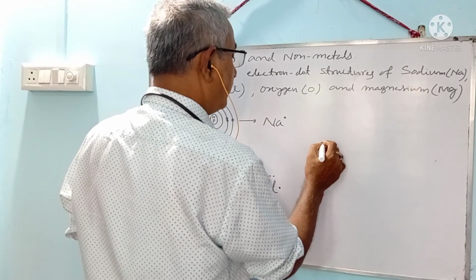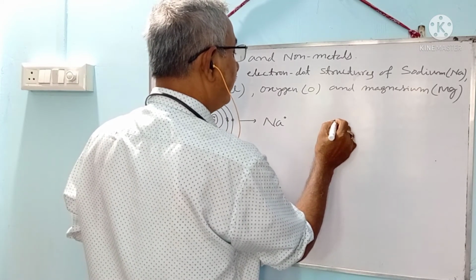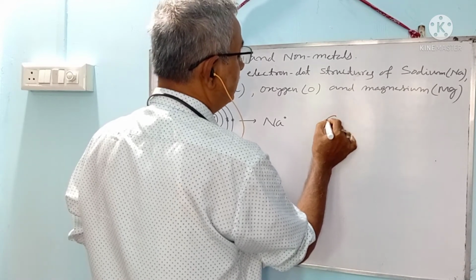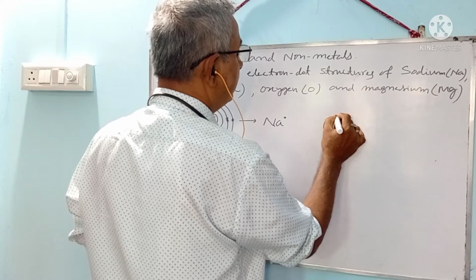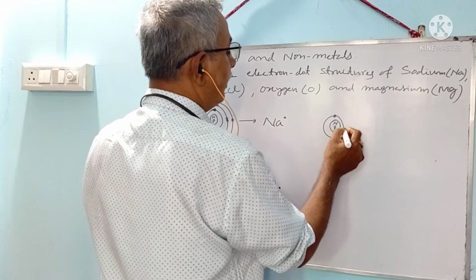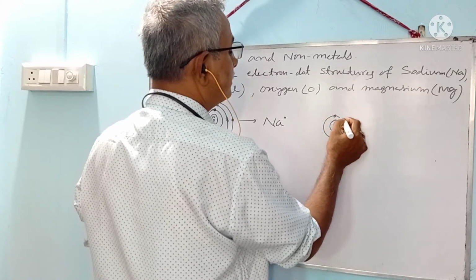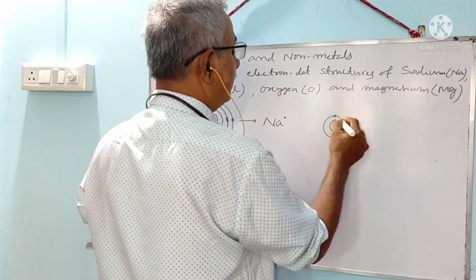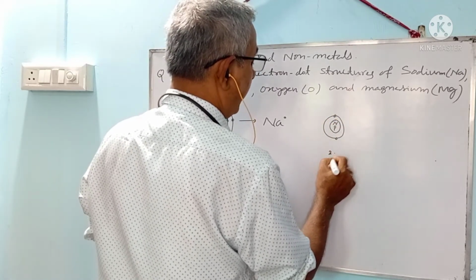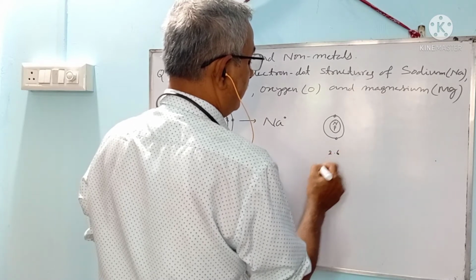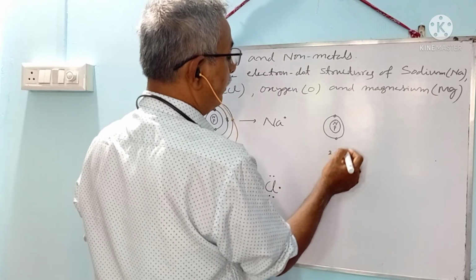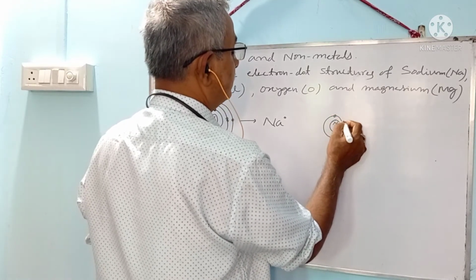So in the case of oxygen, the nucleus has neutron and proton, and in the first orbit there will be 2 electrons, and the remaining 6 electrons will be in the last. Here what happened? 2 and 6, so 8 electrons. Atomic number is 8. So we are writing 6 electrons in the last.